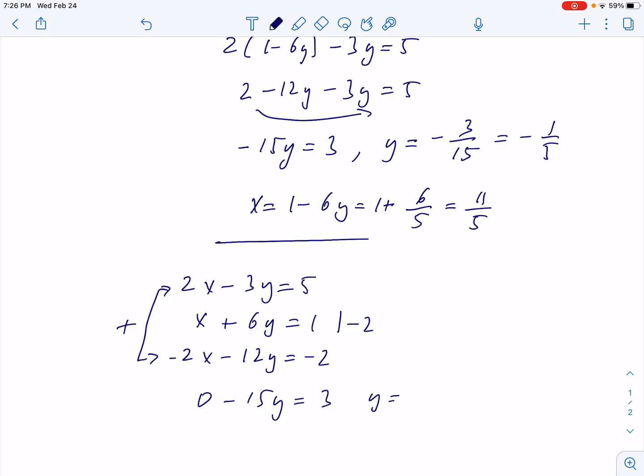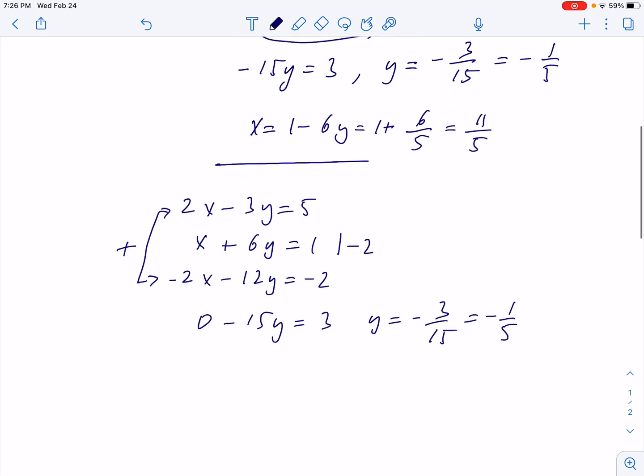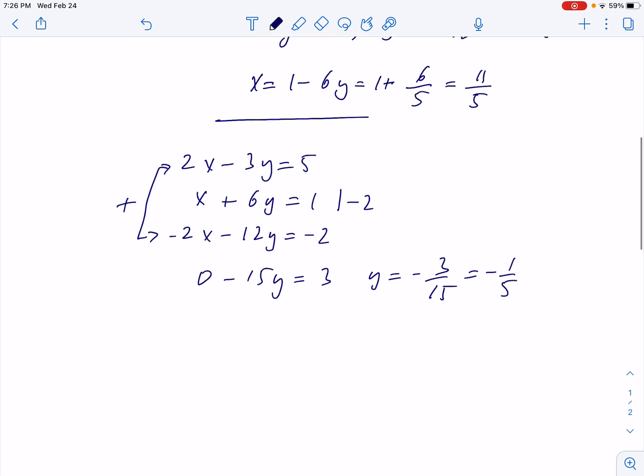And again, y is negative 3 over 15, negative 1/5. Now we can substitute this in one of the equations and find x. But instead, I shall eliminate y and find x by elimination also. Here, back to the system, I shall now independently eliminate y and solve for x. x plus 6y equals 1.